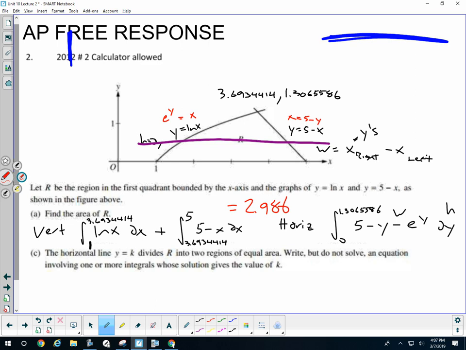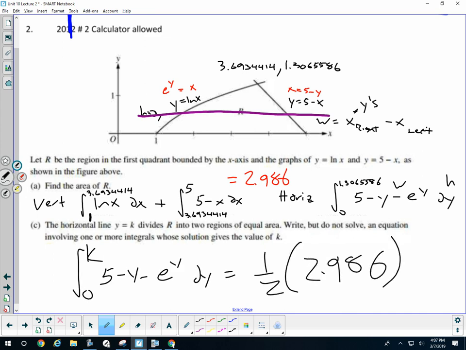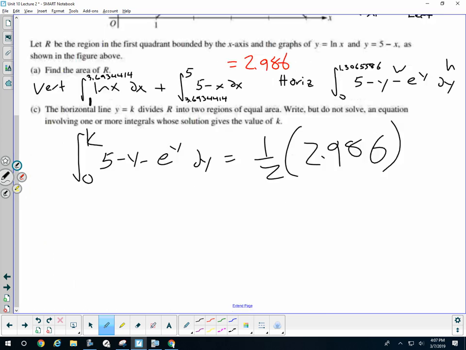Excellent. The key for this is that my area starting at 0 going to k of my right minus the left will equal 1/2 whatever my area I found from part A was. We should be able to find this actually.